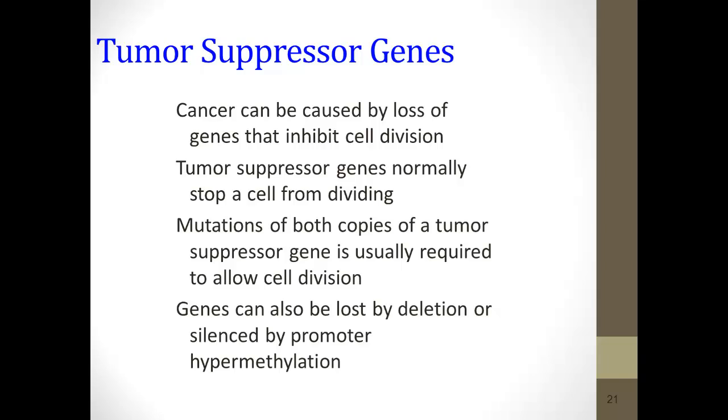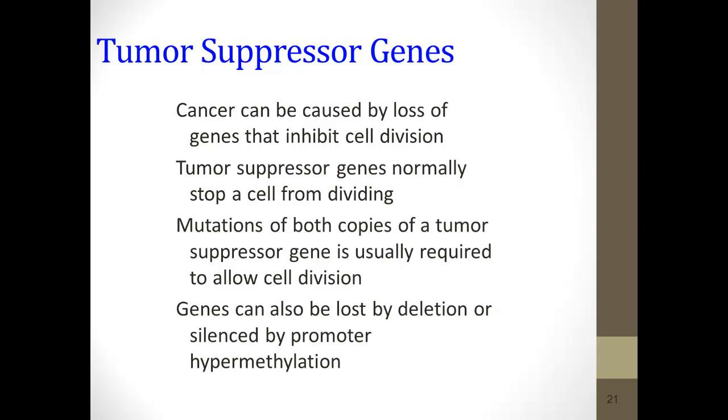So then we have tumor suppressor genes. Cancer can be caused by loss of the ability of your normal cells to inhibit cell division. Tumor suppressor genes normally stop the cell from dividing, so they notice the abnormality and they stop the division process. Mutation in both copies of the tumor suppressor gene is, for the most part, required to allow for this abnormal cell division.